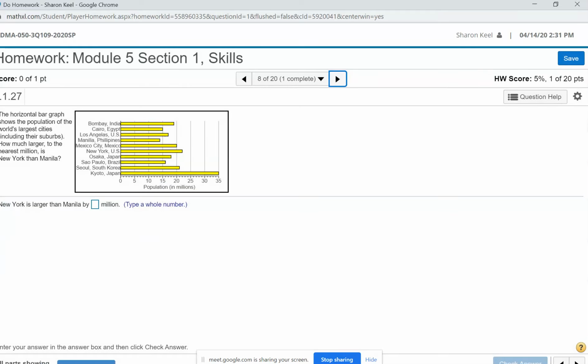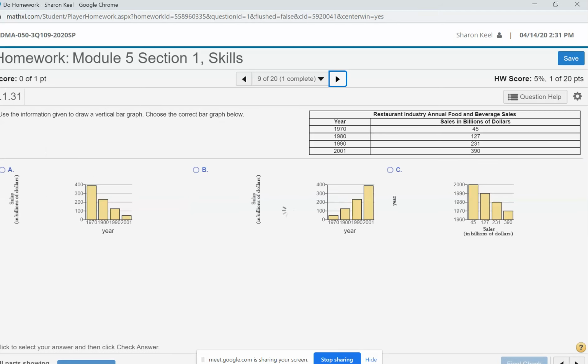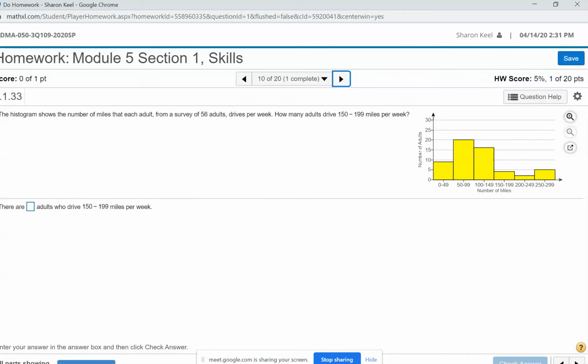I'm just trying to jump ahead. And all of these graphs, you can read the information based on what they have given you. I'm trying to get to one. Here we go. This one says, how many adults drive 150 to 199 miles per week? So if I look here, this is the 150 to 199. But do you see I can't exactly tell what number that is?